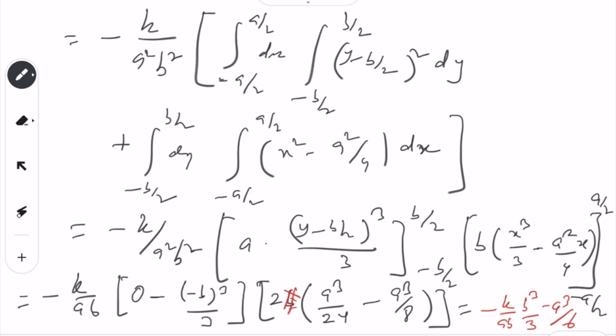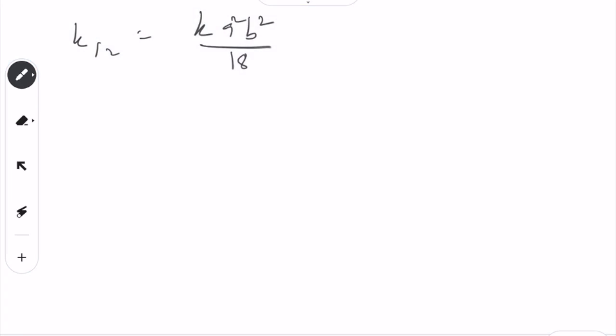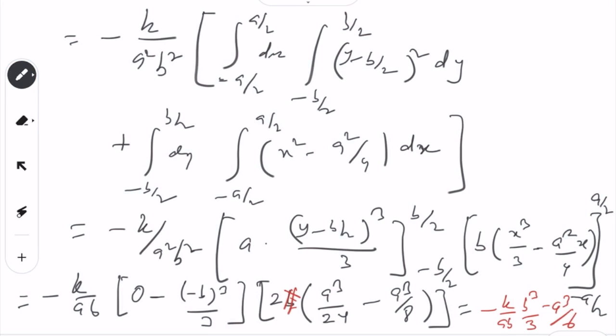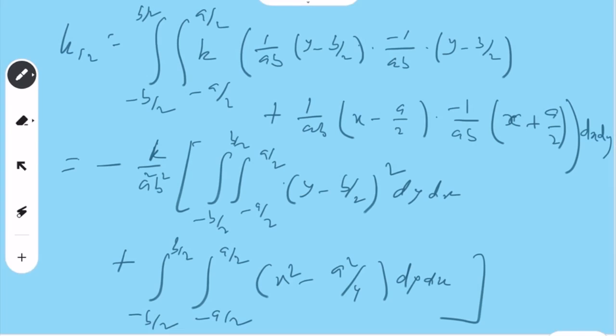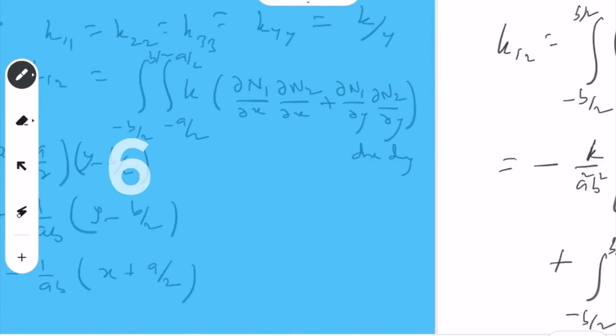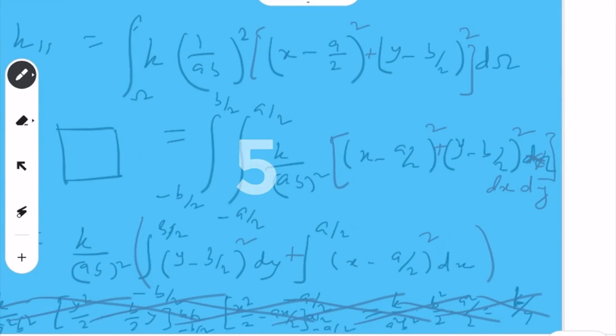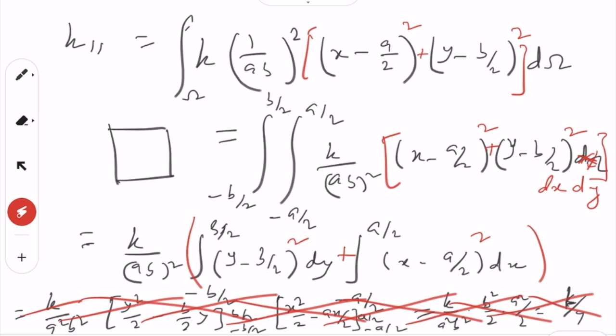Now similarly we can find out k11. So we made a mistake, so let's look at that. Okay, so k11. We are till here, so k over a b square, and then y minus b square, and here also like that.